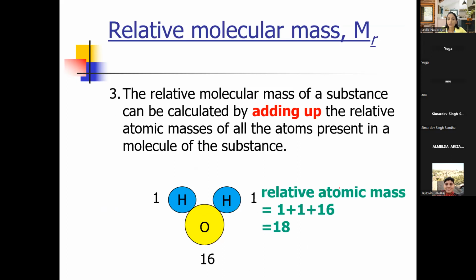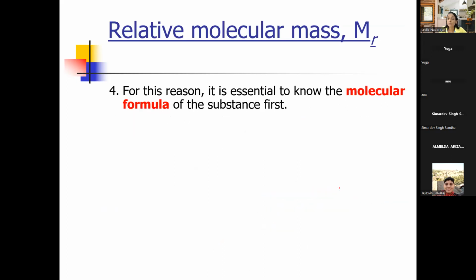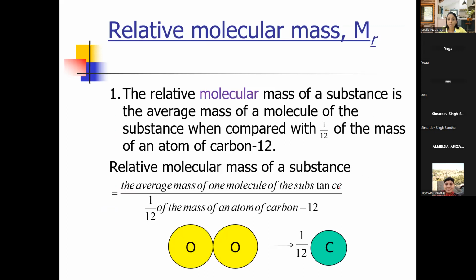Okay, teacher is going to now go to relative molecular mass. Just now I did relative atomic mass, right? Relative atomic mass is an atom. Now I'm doing relative molecular mass, which means I'm dealing with a molecule. It's the average mass of a molecule when compared to 1/12 of carbon 12. So look at the formula here.